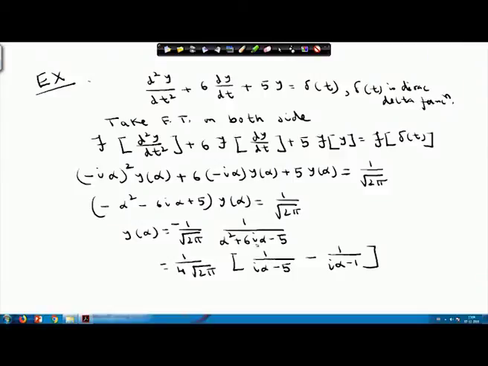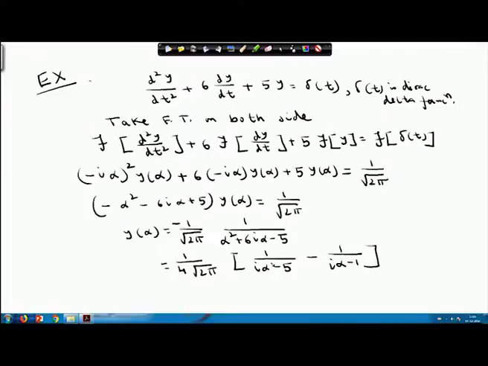Therefore, the Fourier transform of y t equals 1 by 4 into root over 2 by pi into 1 by 1 minus I alpha minus 1 by 5 minus I alpha.